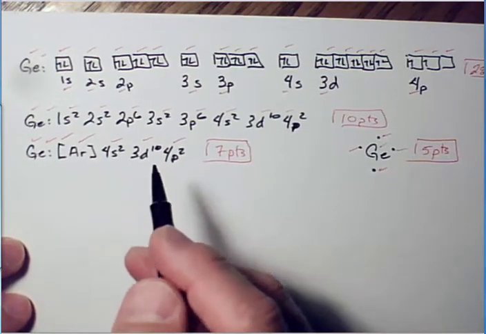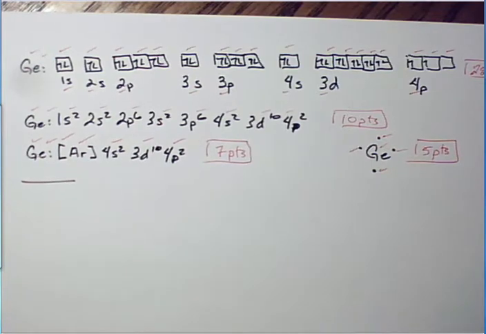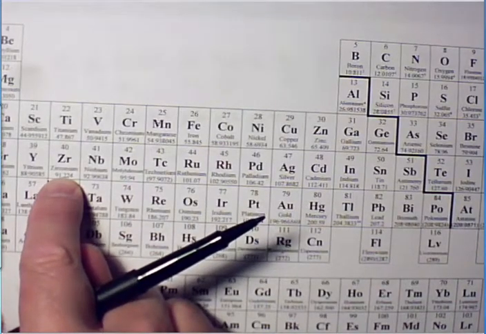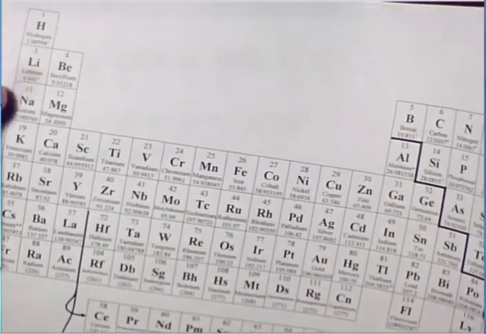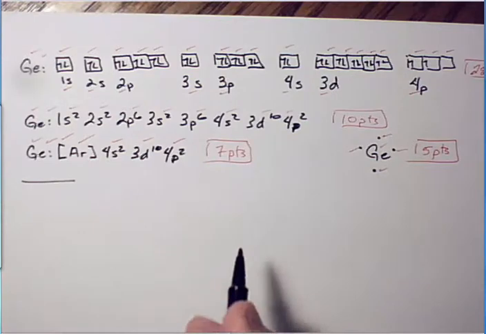All right then. Let's go to zirconium. Where's my periodic table? Okay, here's zirconium. Okay? And so this is going to be in the 1, 2, 3, 4, 5th row.